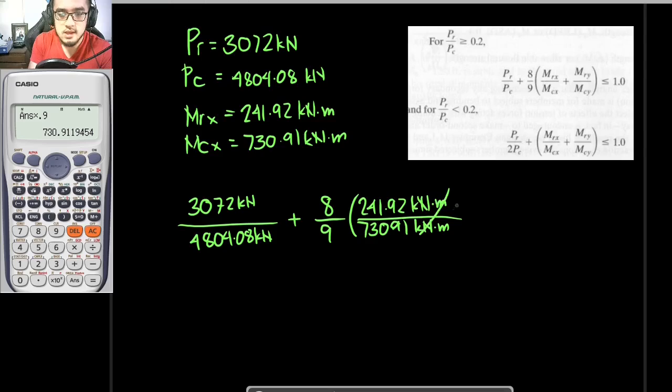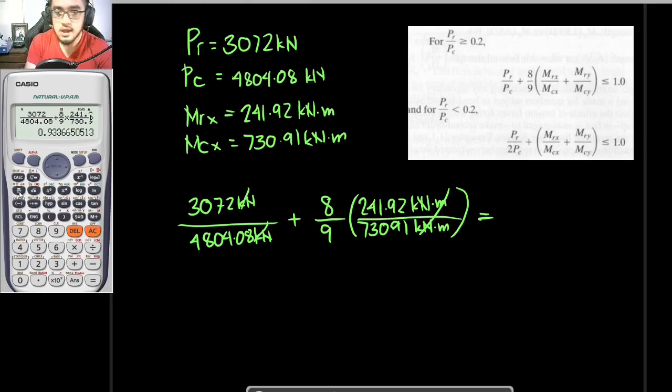So this would cancel out and this would cancel out, and our answer here would be equal to 3072 divided by 4804.08 plus 8/9 times 241.92 divided by 730.91.